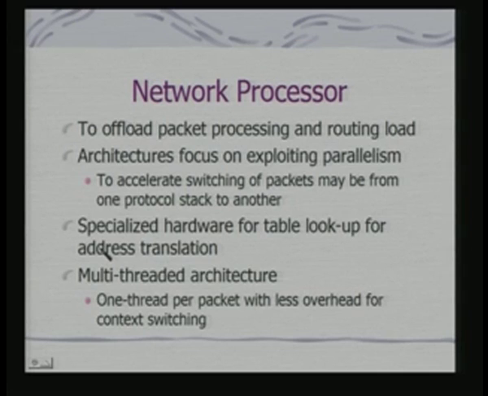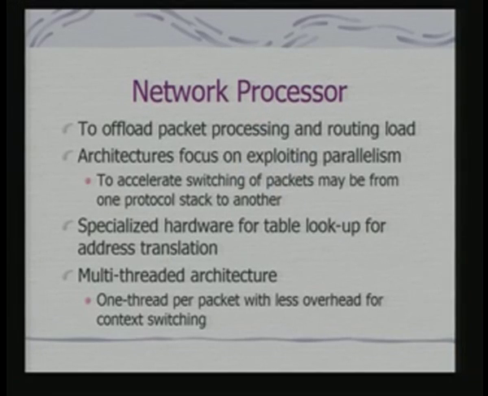Address lookup or routing table lookup, if you are maintaining routing tables, as routers in many cases do, requires facilities for very fast table lookup. If such a facility is implemented in hardware, it becomes easier and more efficient. So, you have specialized hardware for table lookup.